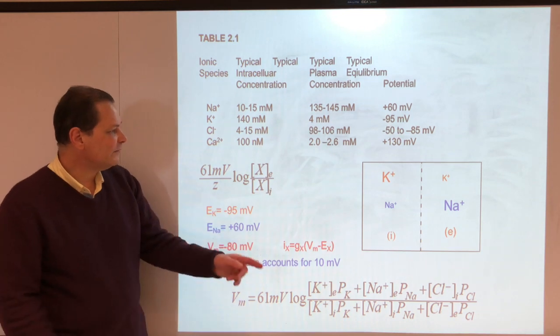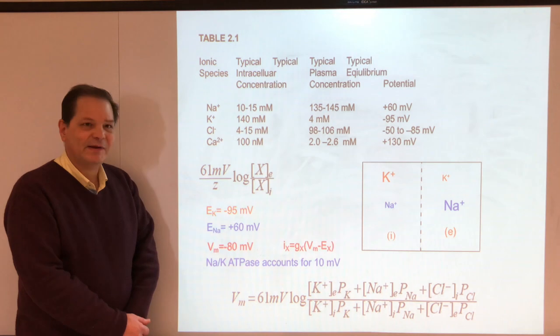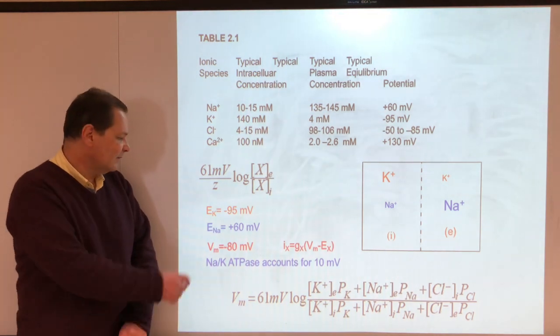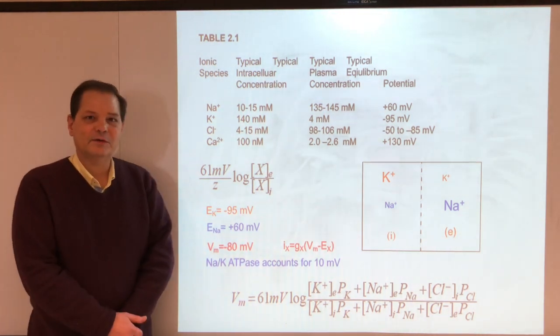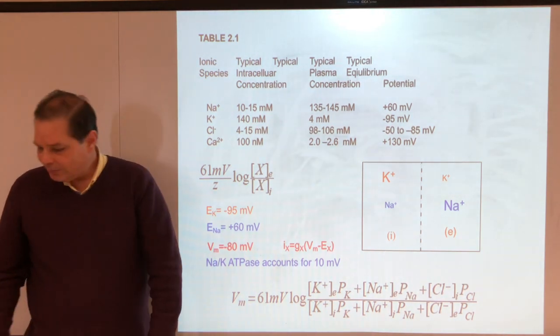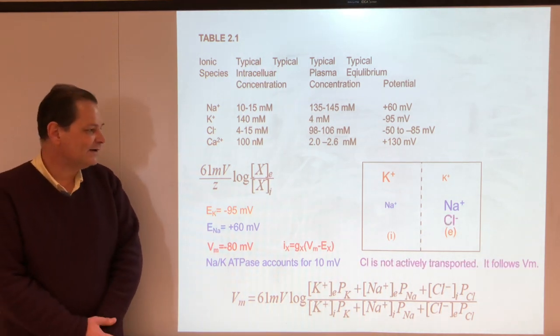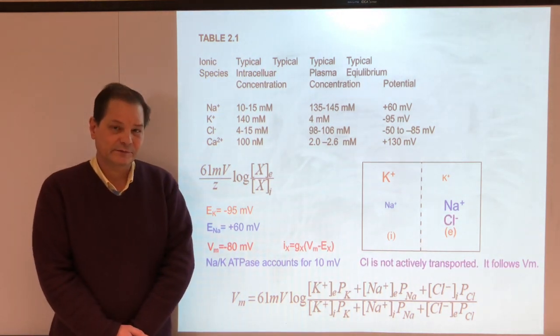Same thing for sodium. We can plug sodium concentrations in here. The sodium-potassium pump establishes the gradient. The gradient gives you a Nernst potential of plus 60. The problem with chloride is that it is not actively transported in most tissues.